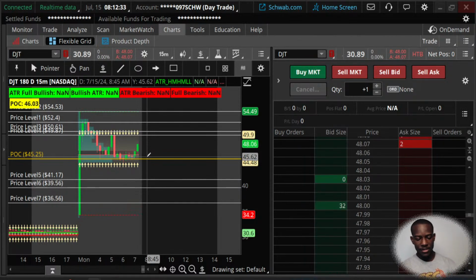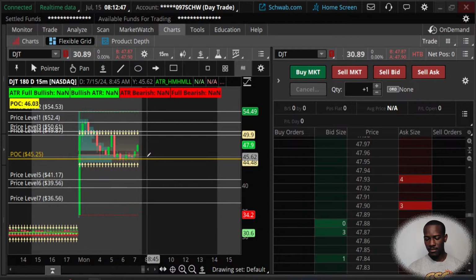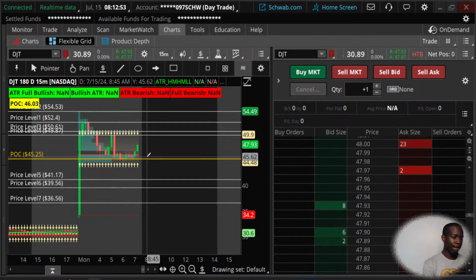Breaking over 48s just a little bit. So now back through the 46 will be a $2 move down. Interesting.